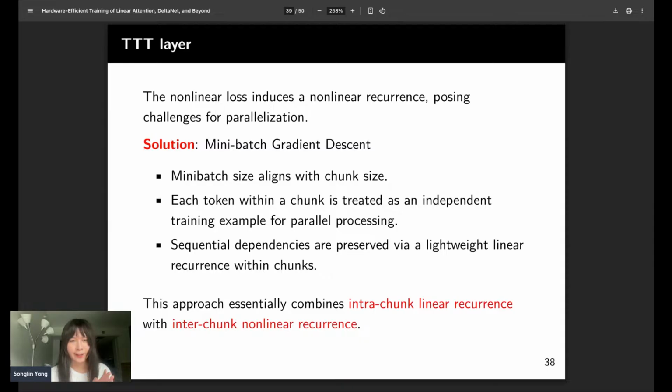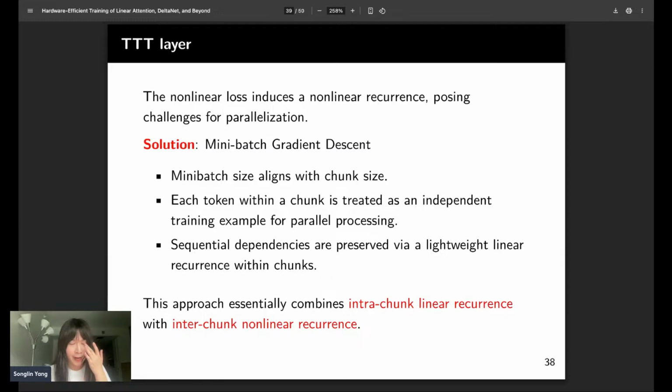To work around this issue, in TTT, they come up with a mechanism called mini-batch gradient descent. So DeltaNet applies online gradient descent to optimize the objective. So the weight matrix or the recurrent state is updated for each time step. But in TTT, they use a mini-batch gradient descent step.